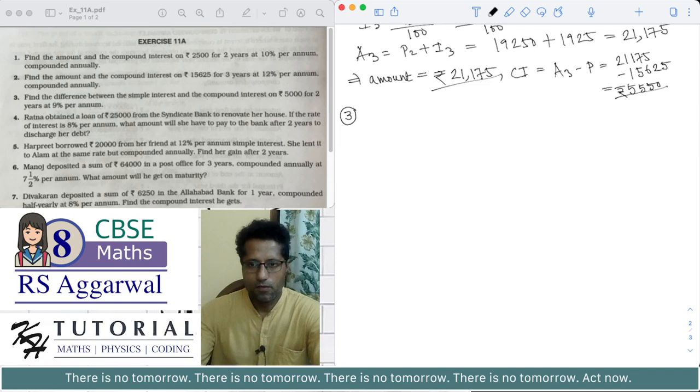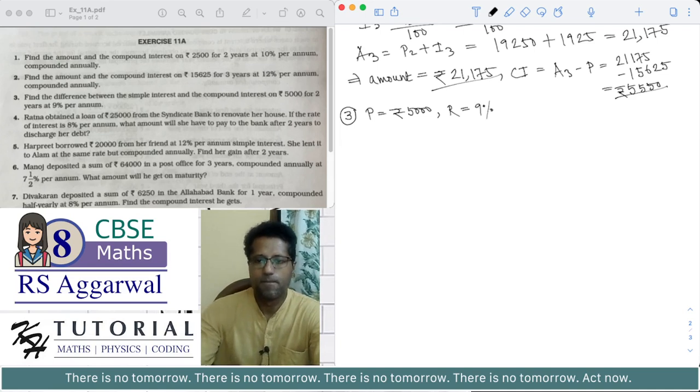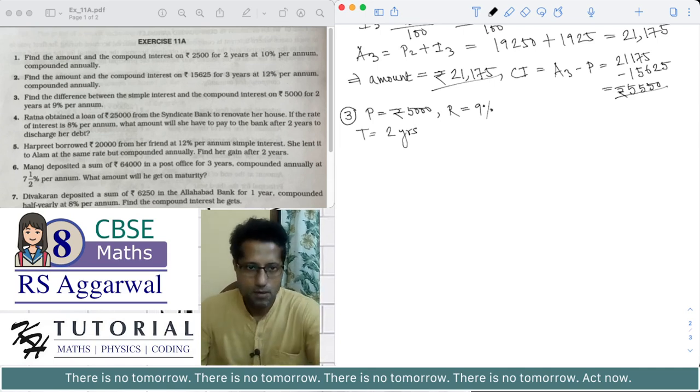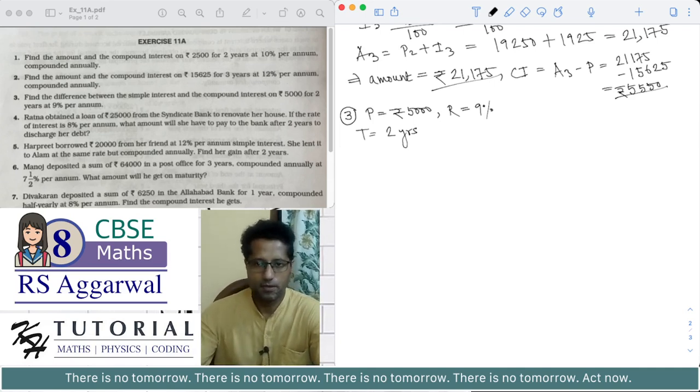So for the simple interest, the original principal is 5,000. The rate of interest is 9% per annum, and the time is 2 years. The total time for which the interest needs to be calculated is 2 years. So we can easily find the simple interest.